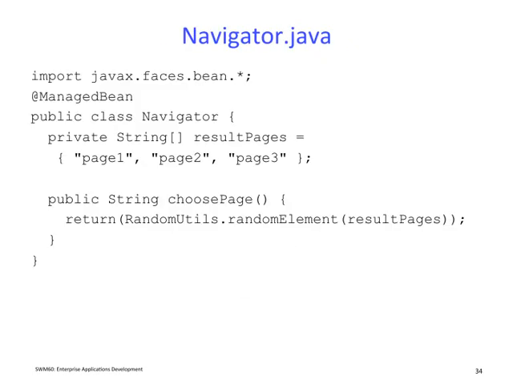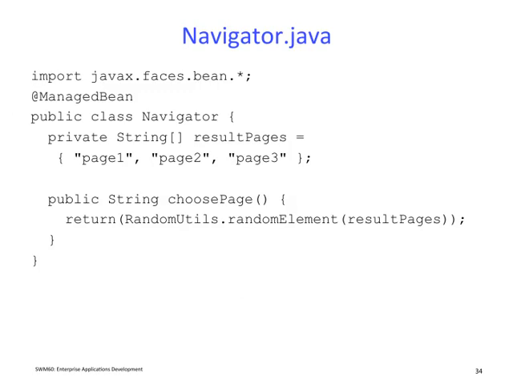So the navigator bean needs to import some libraries for the backing bean, and the annotation is ManagedBean. Public class Navigator, and we create a result page array of strings with the content page1, page2, page3.